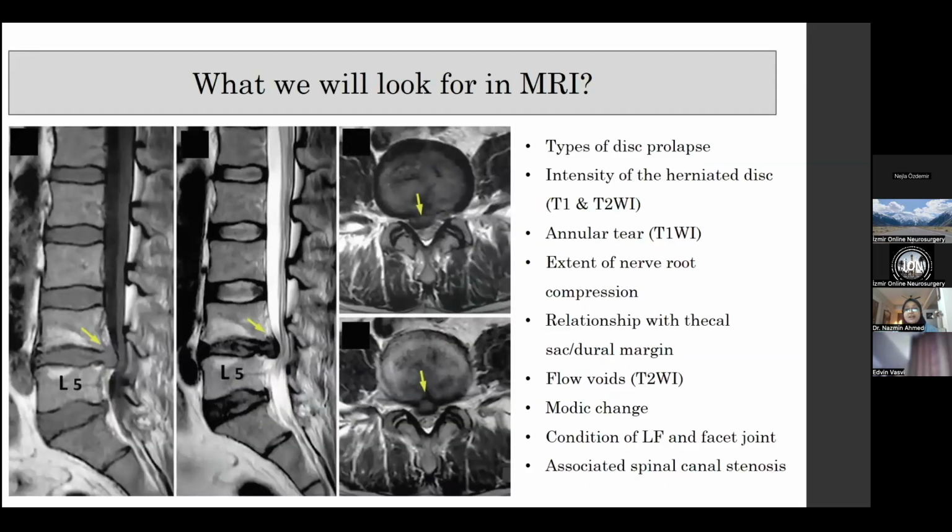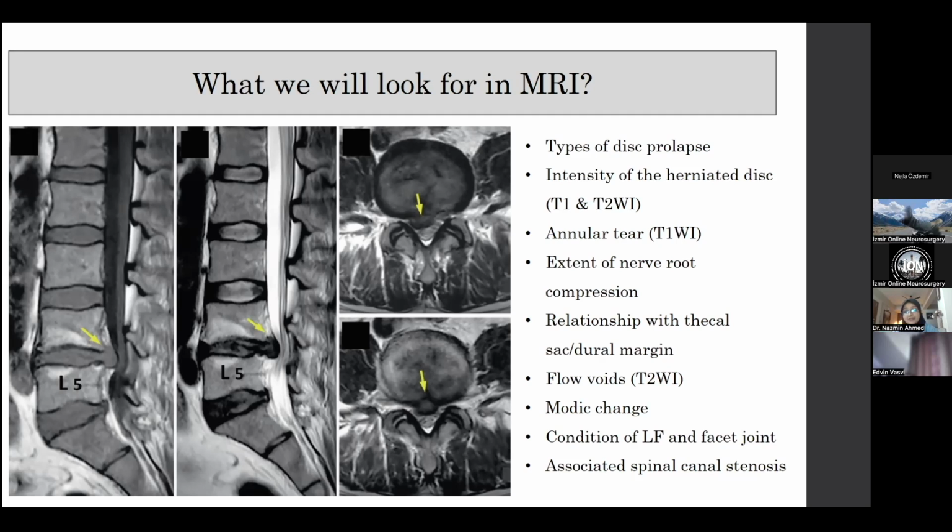So in the MRI, basically what do we look for in a PLID patient? In sagittal and axial views, it is helpful to characterize the type of disc herniation, whether it is central, paracentral, foraminal, or extraforaminal. That is mandatory for preoperative planning. We can assess the intensity of the herniated disc, annular tear, extent of nerve root compression, and relationship with the thecal sac and surrounding structures.